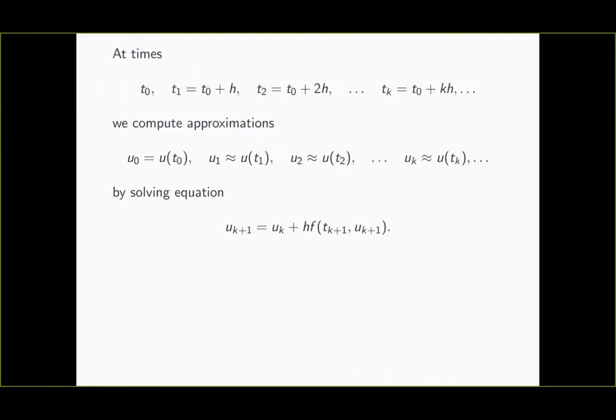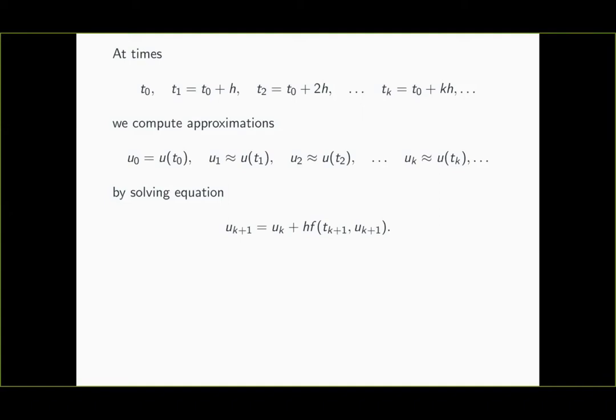This approximate relation, for which we have now seen 3 mathematical backgrounds, leads us to the implicit Euler method, which looks quite similar to the explicit Euler method, except that now the iterates are computed with a different procedure.